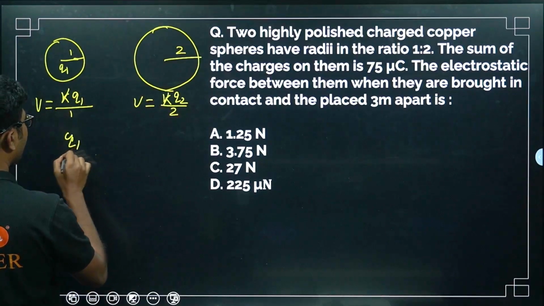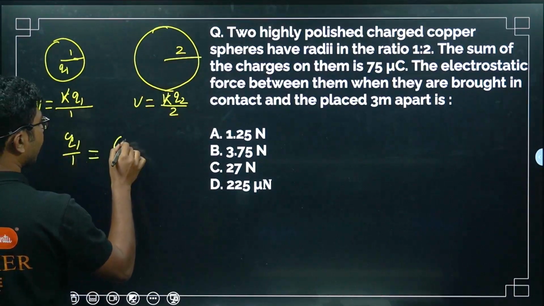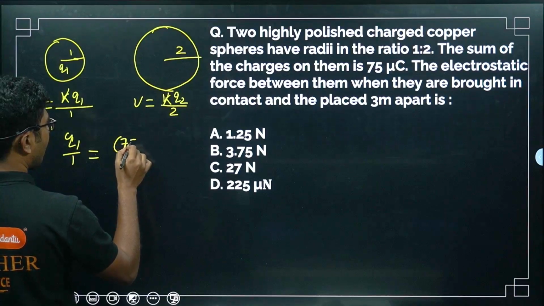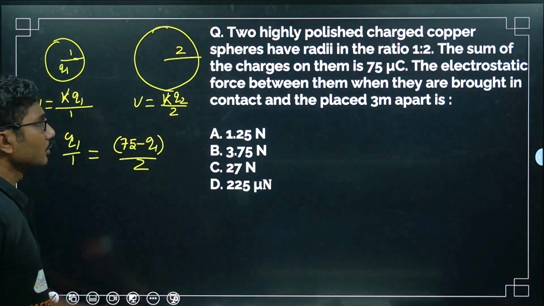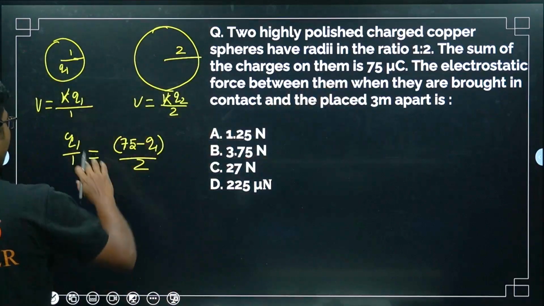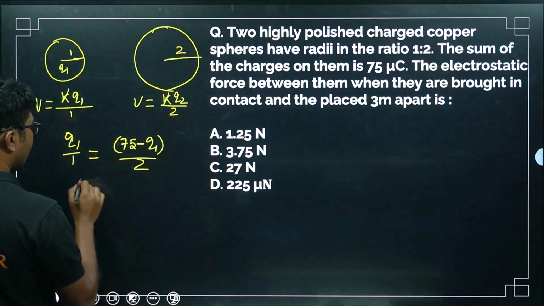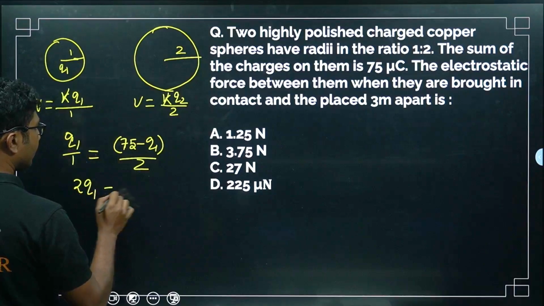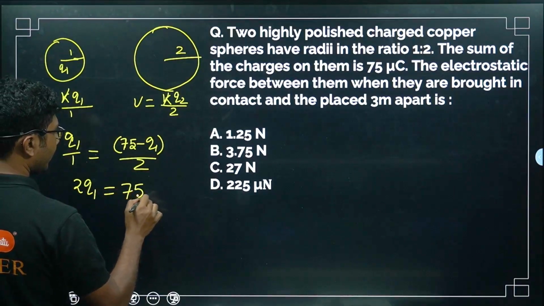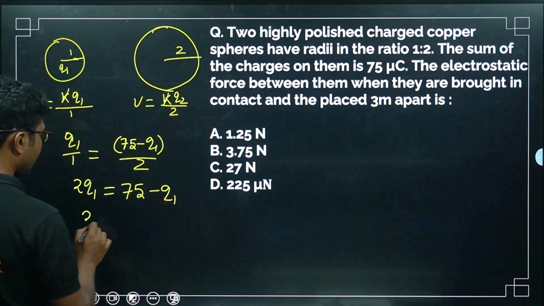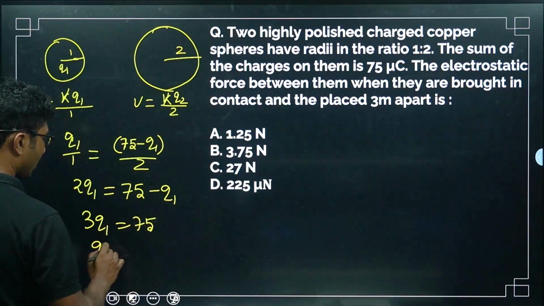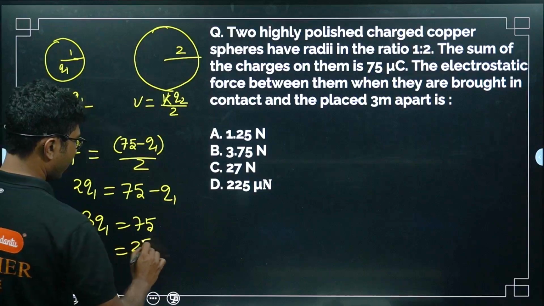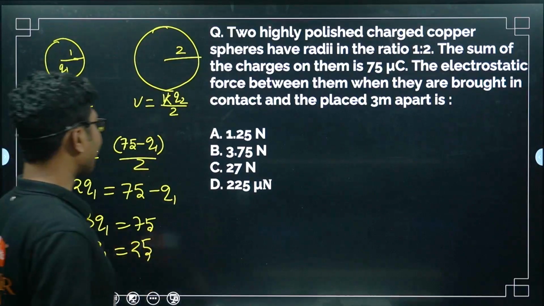So Q1 by 1 equals Q2 by 2, where Q2 is 75 minus Q1, since the total charge is 75. So we can write 2Q1 is equal to 75 minus Q1, or 3Q1 equals 75, or Q1 equals 25. So we have calculated Q1.